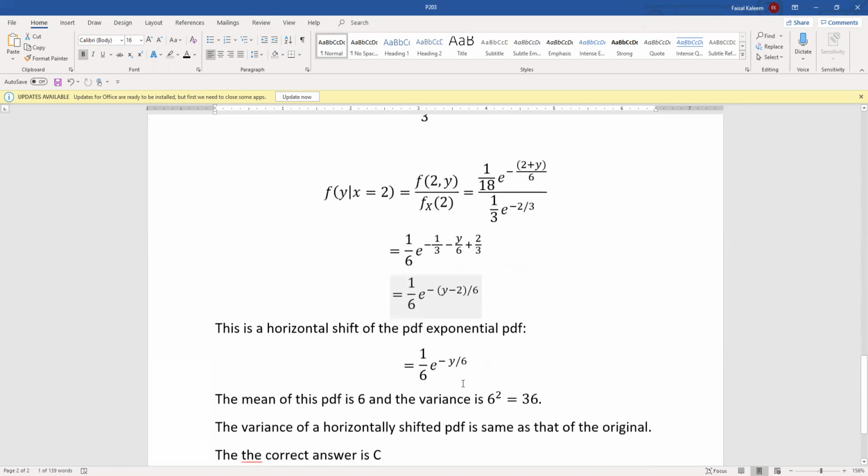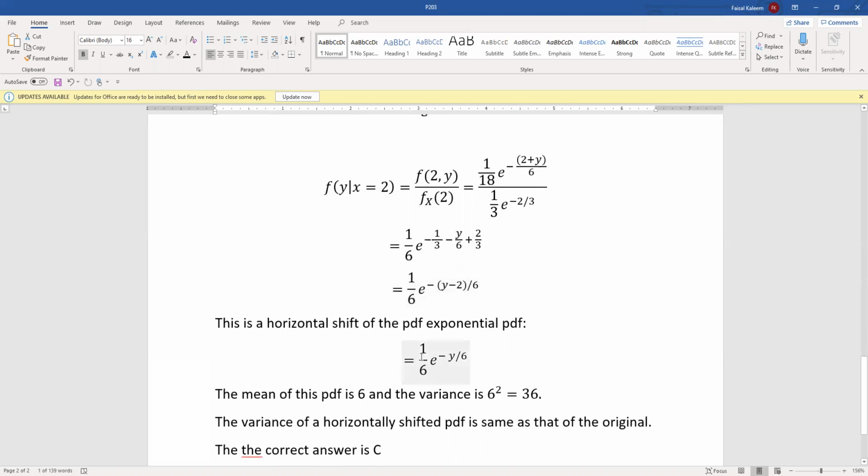And now if this negative 2 was not there, if it was just 1 over 6 e to the negative y over 6, that we know is the PDF of an exponential with mean 6. And we know that for an exponential PDF, the variance is the square of the mean. So the variance of this one is 6 squared, which is 36. And now this PDF, which is what we are looking for, is just the same as this basic PDF, but it's shifted horizontally.